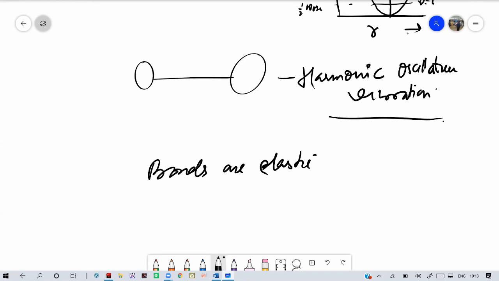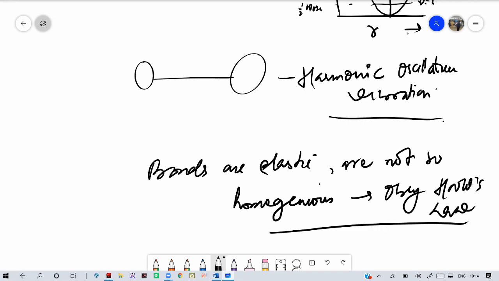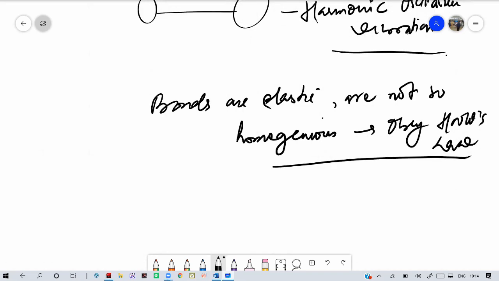These bonds are elastic, but they are not so homogeneous that they obey Hooke's law completely, as has been found practically.